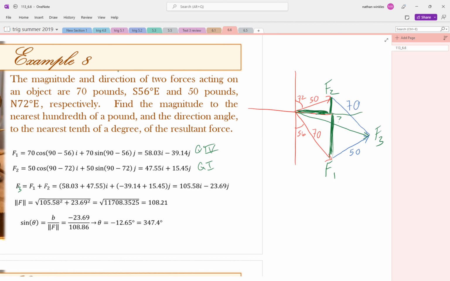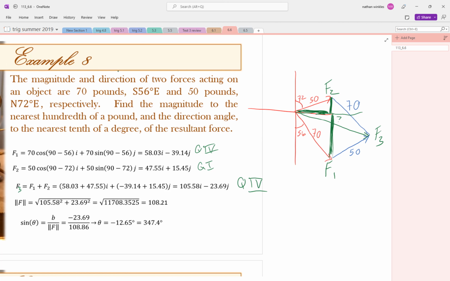That puts me in quadrant 4, which is something to keep in mind because my x is positive and my y is negative. The magnitude is the square root of 105.58 squared plus 23.69 squared, which gives us the square root of 11,708.3525, which is approximately 108.21 is the magnitude.